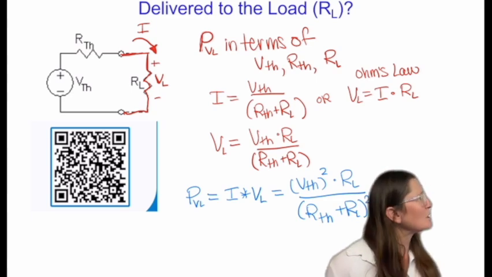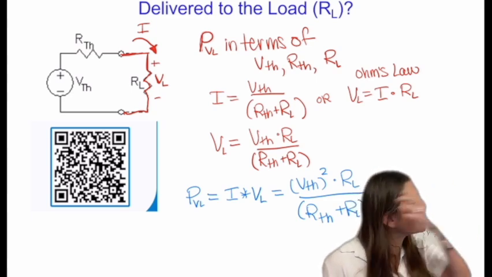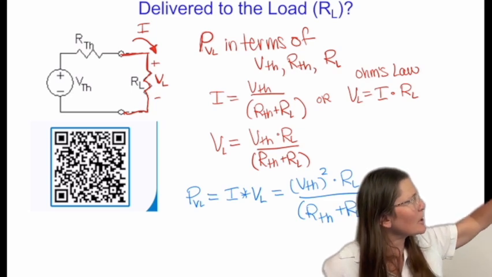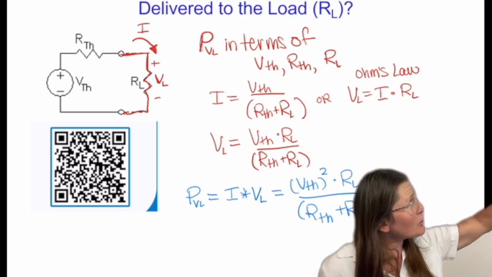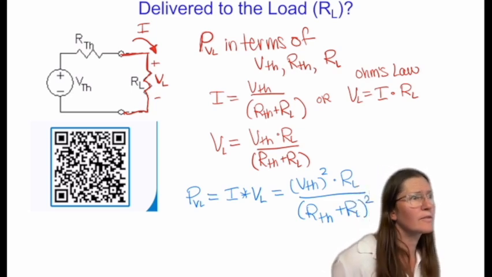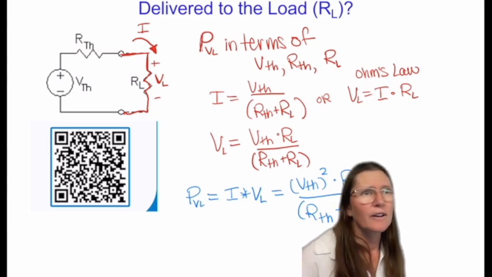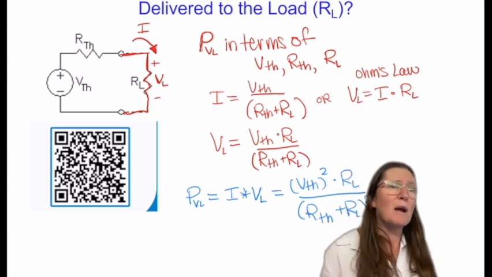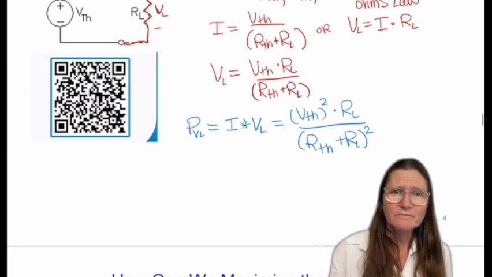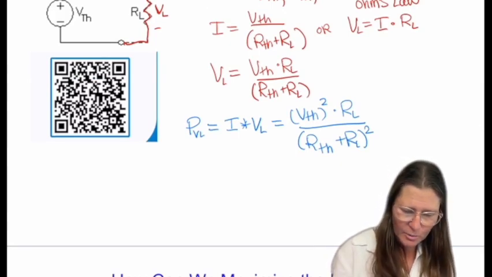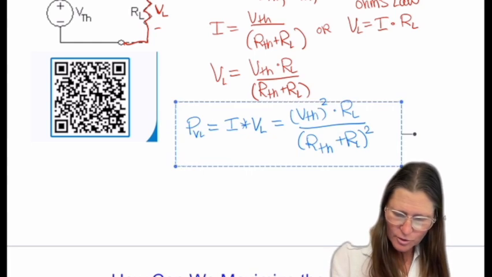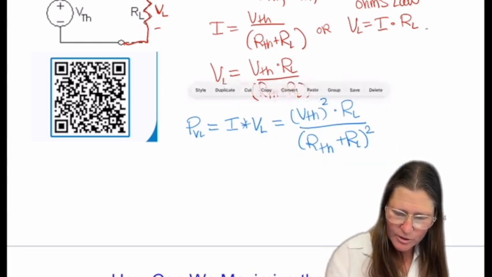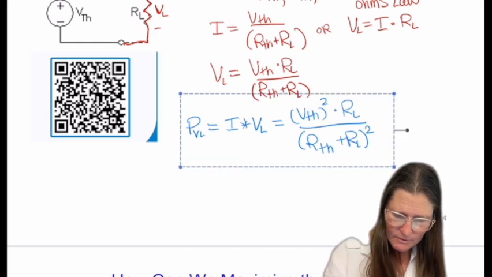Some of you didn't include RL, so note that the current flowing through there has to include RL, so it's VTH over RTH plus RL. Okay, so now we know a power equation. How does this help us find max power transfer? This is a squared term.